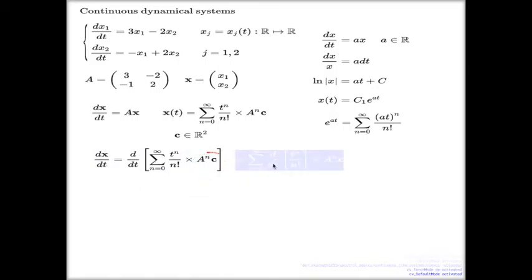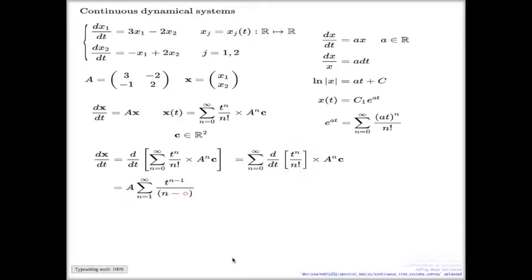So here's my individual differentiation. You see, I just pull this d by dt and apply it only to the coefficient. This is just a numerical function. We know how to differentiate that. It's a power function. When we differentiate that function, we end up with this.